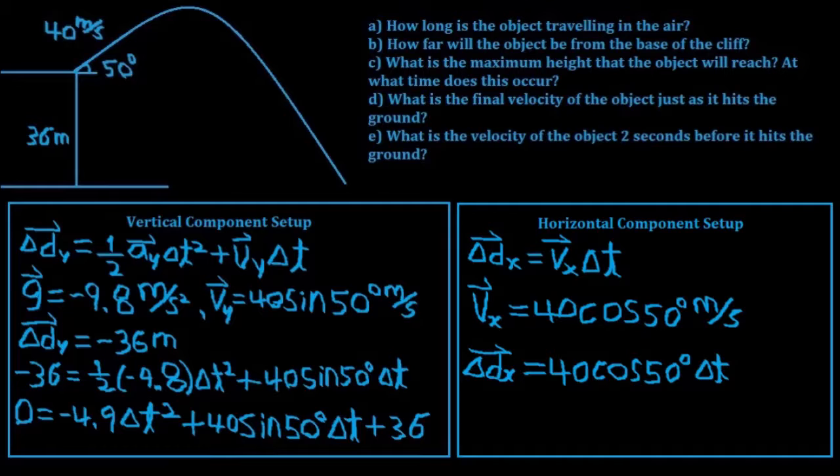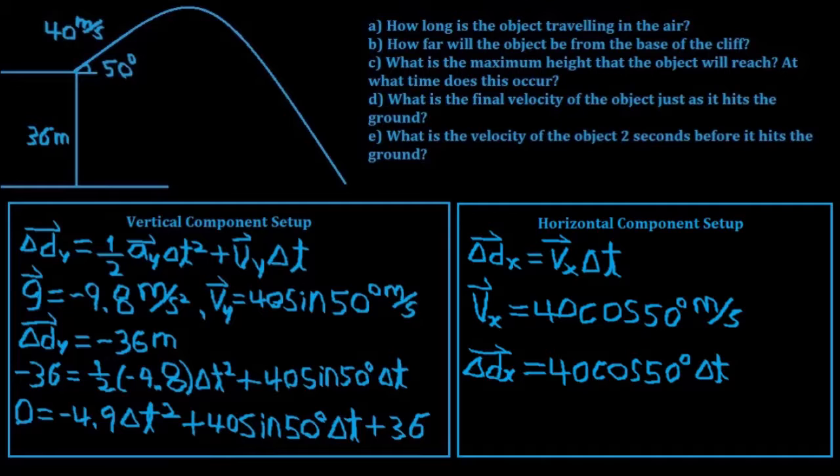When you plug all of that into the equation, you get something that looks similar to a quadratic equation. And the horizontal component is very linear. You can see a velocity multiplied by time. The horizontal velocity is 40 cos 50 degrees, and then just plug that in.